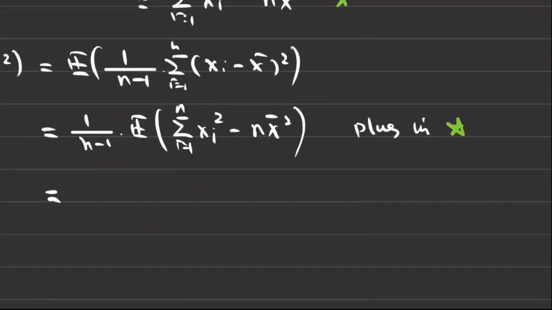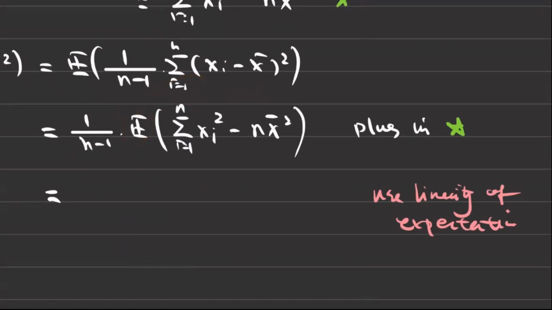I can then factor this expectation inside, and that is to use the linearity of expectation. So let's write down that trick here. This is to use the linearity of expectation.